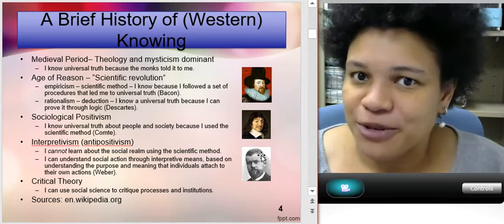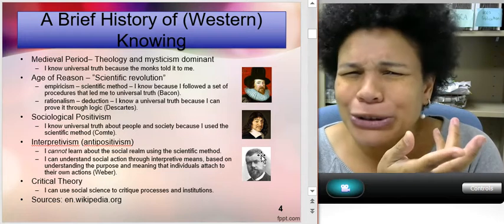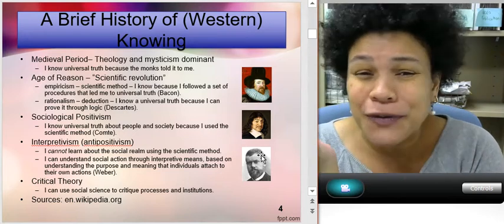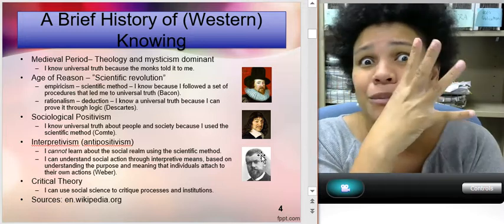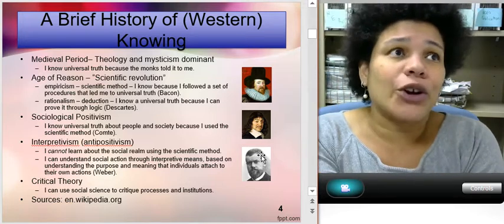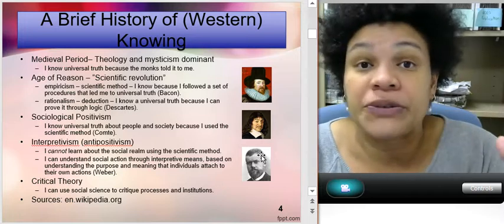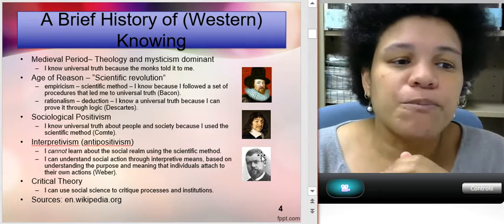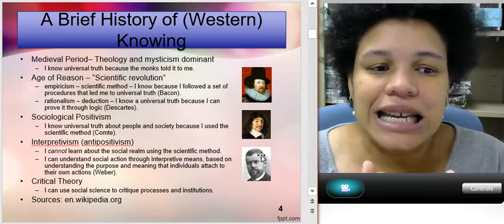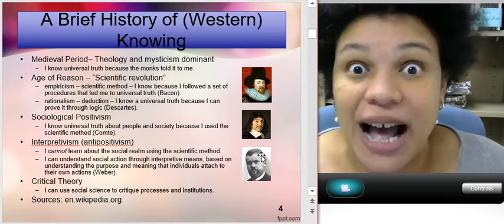Then there's a shift. Because some people go, I don't know. People are different from the movements of the constellations. People are different from the behavior of basic chemicals when you put them together. People are different from the natural world. And so you get this idea of interpretivism, all right, or anti-positivism.